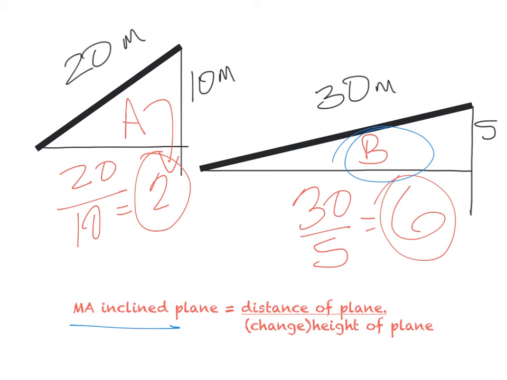Clearly, inclined plane B has a higher mechanical advantage. That means moving an object up inclined plane B would be much easier than up plane A. You should know this intuitively because this is steeper, and so it would be more difficult to walk up this plane than this plane, which is less steep.